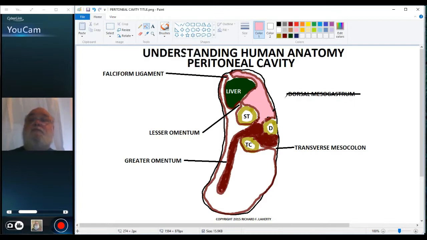The transverse mesocolon is originating from the duodenum. Now, so the transverse mesocolon now is roughly in this position.